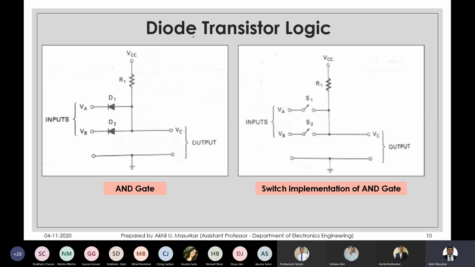So what we have here is DTL, that is diode transistor logic. In our syllabus they have just said that we should know TTL and CMOS, but to understand TTL we need to understand something on DTL first.